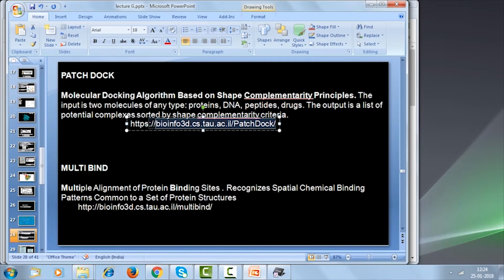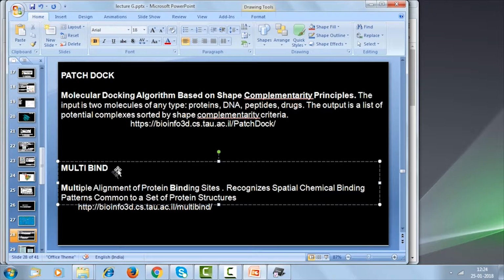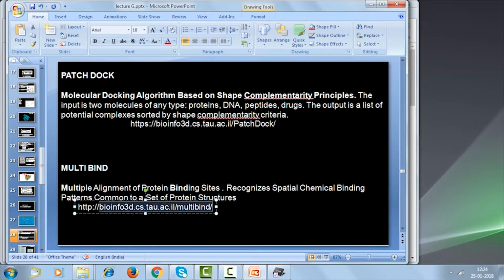Another software is called MultiBind. It performs multiple alignments of protein binding sites and then recognizes spatial relationships or common binding patterns of a set of proteins.